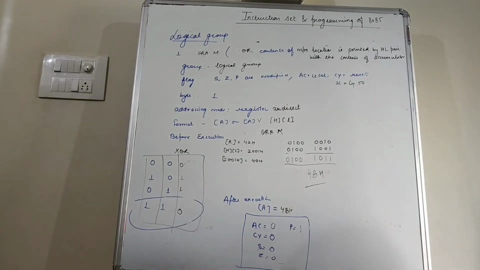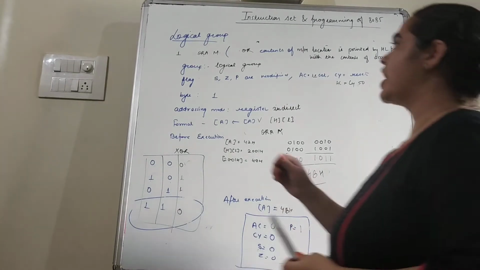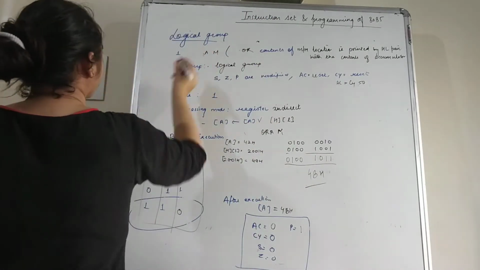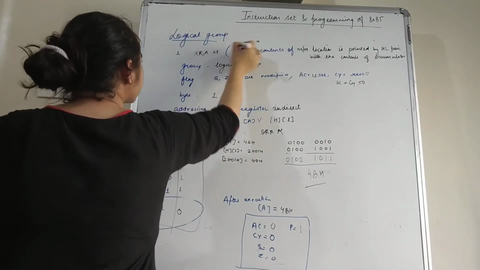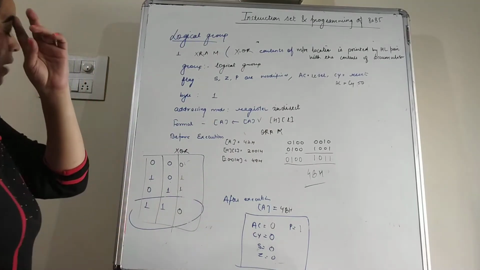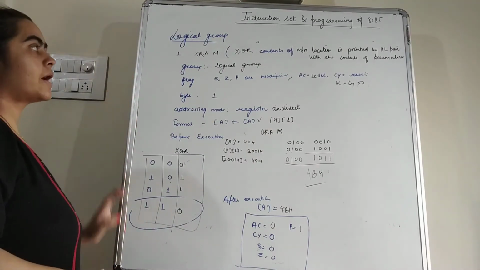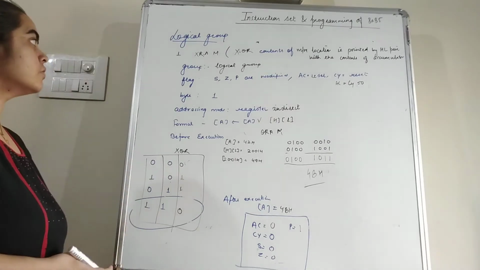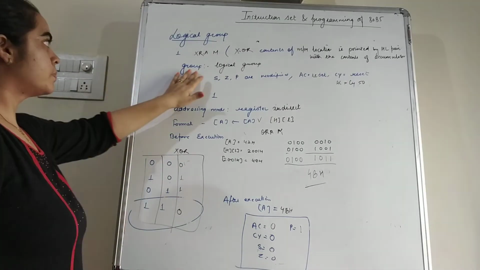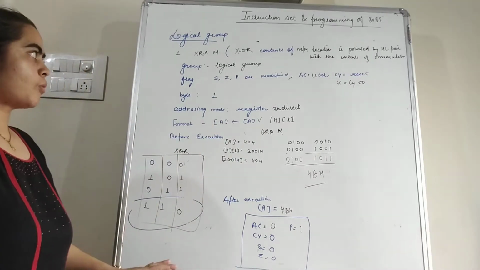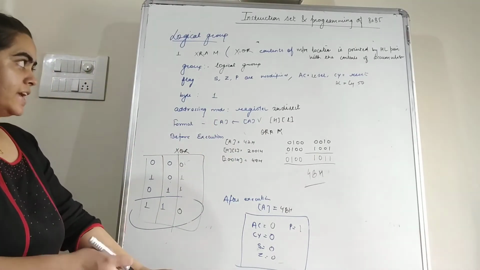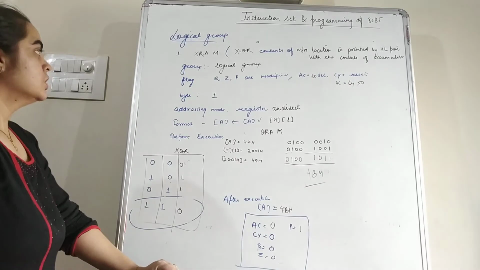Now students, after this the next instruction we have is XRAM. So XRAM means XOR or exclusive OR the contents of memory location that is pointed by the HL pair with the contents of accumulator. Same group is logical group, while the flags sign, zero and parity are modified, while the AC and the CY is equal to 0.